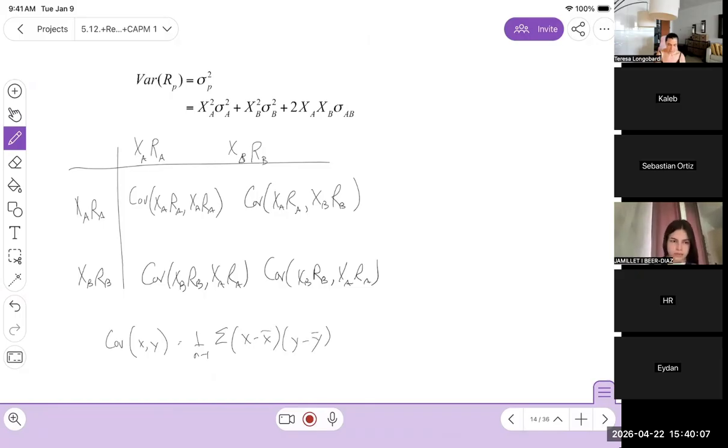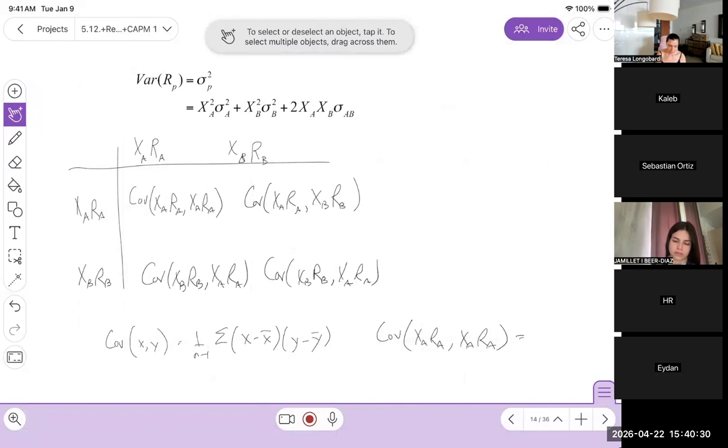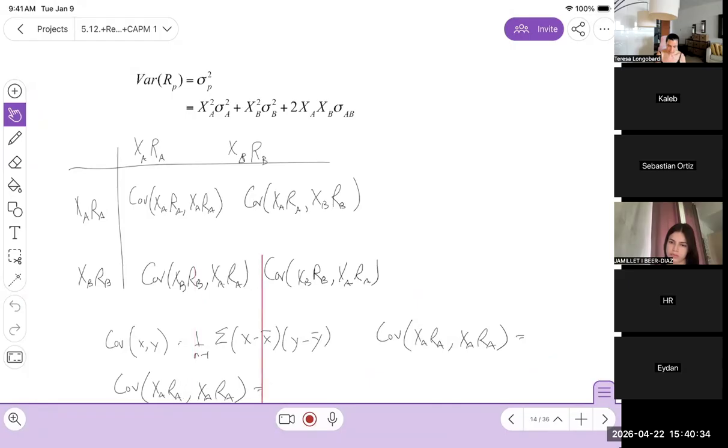I'm going to adapt this formula for the historical returns data, right? I'm going to adapt it to do it for this. So covariance XA RA, XA RA is equal to, so I'm going to put it underneath here.